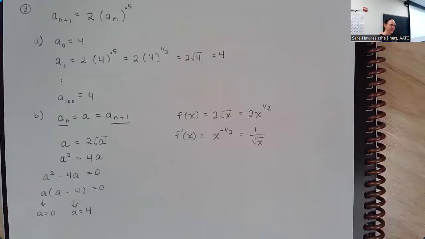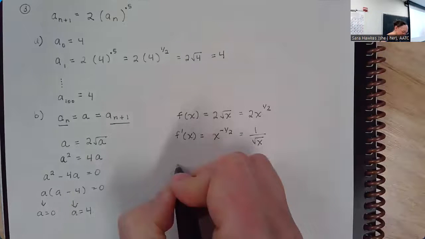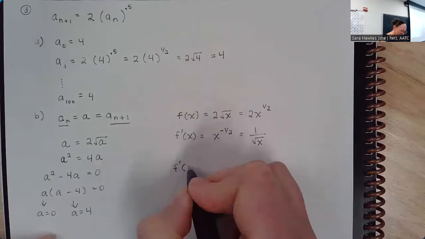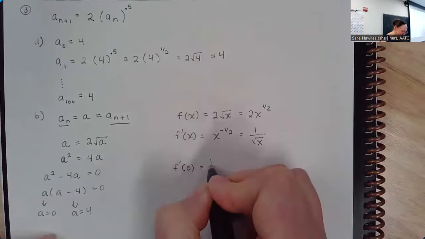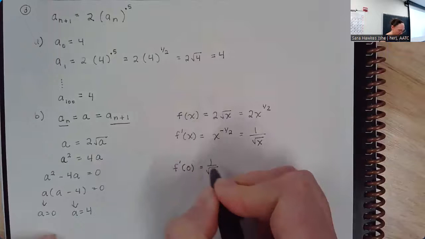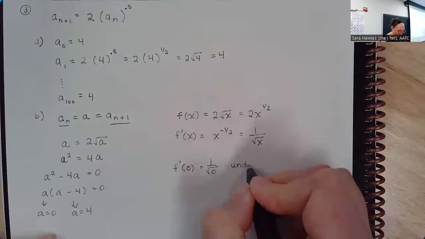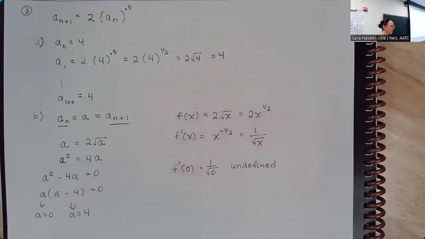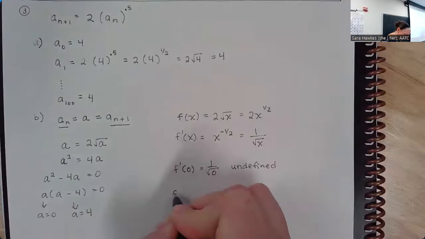And what we're testing in the stability criterion is what happens when I plug in each of those fixed points. Now, this is undefined at 0. So the stability criterion actually fails for 0, but it doesn't for our other fixed point.